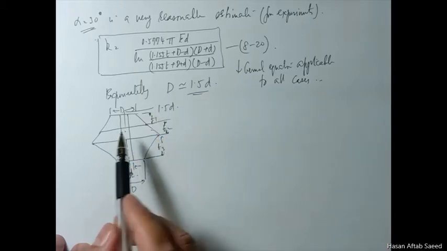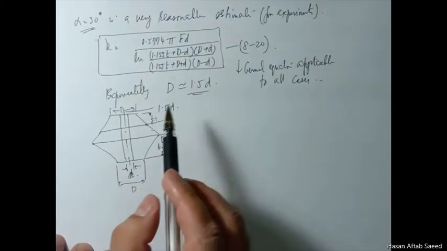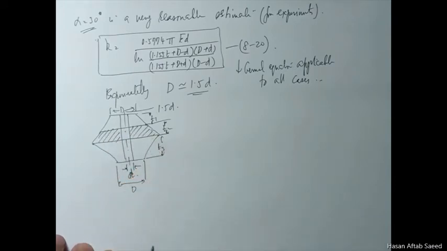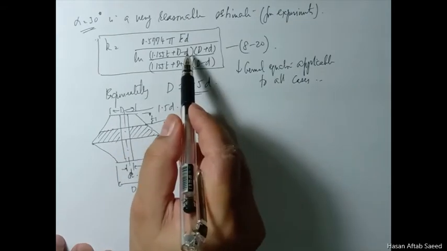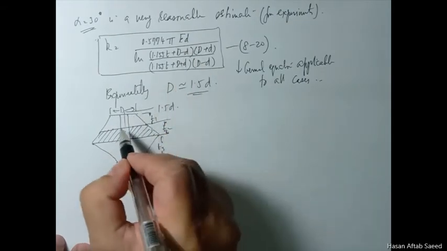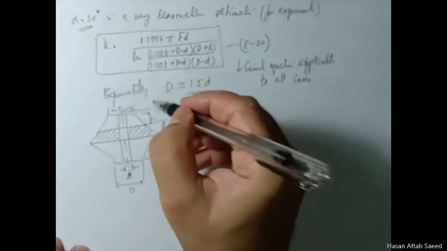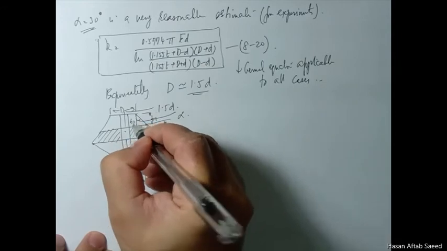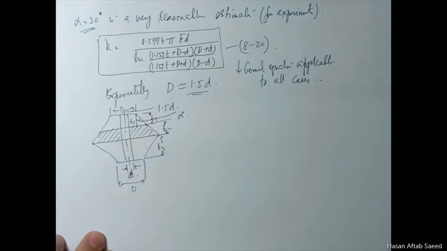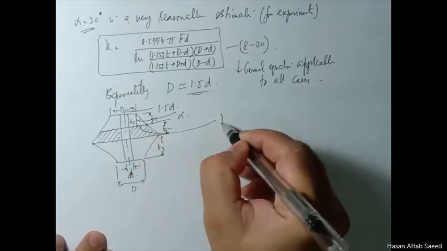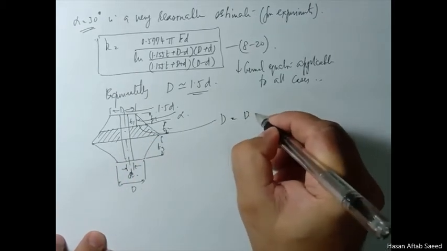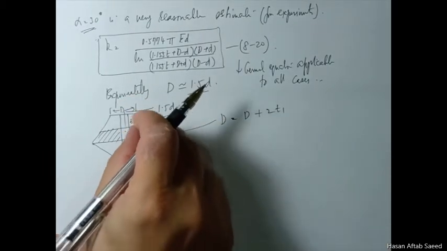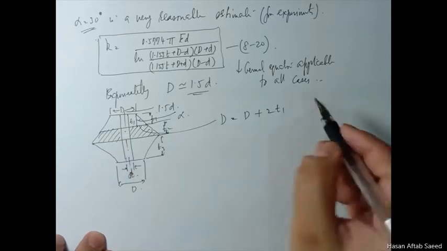But what about D in this second frustum, this one? Obviously it's not 1.5 times the diameter of the bolt. Here you know d, plus you also know this angle is alpha, and this is t1. So D will simply be d plus 2 t1 tan alpha, 2 because you're talking about this plus this, you have to add the other side also.